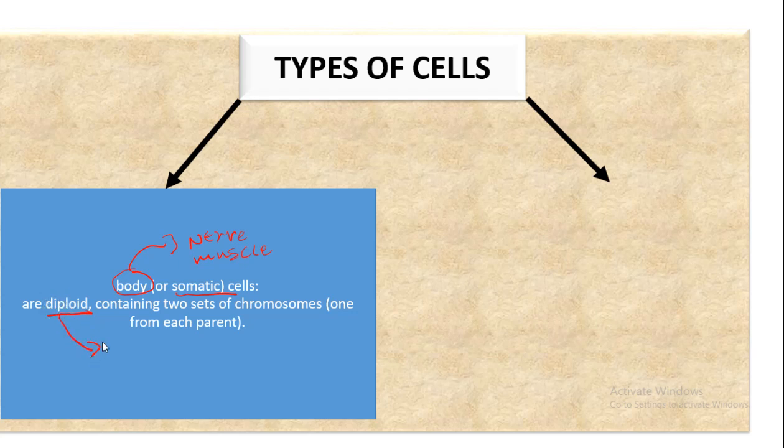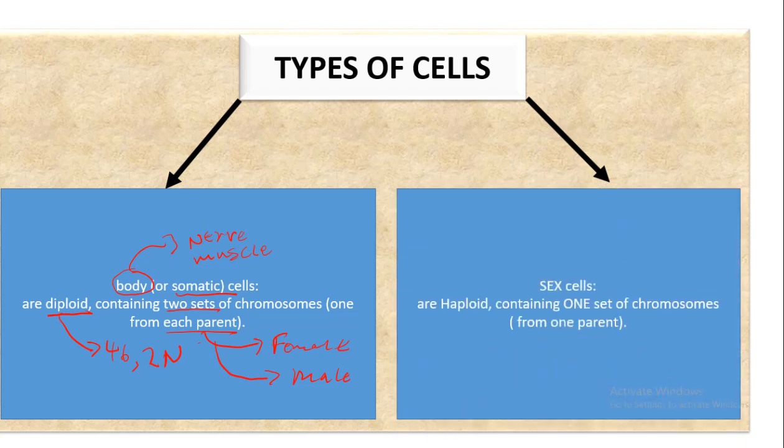That means they have 46 chromosomes. And when we talk of a diploid, we normally use the symbol 2n. A diploid cell contains two sets of chromosomes, one from each parent. When we talk of each parent, we are simply talking about the female and also the male. So please kindly take note of this type of cells.